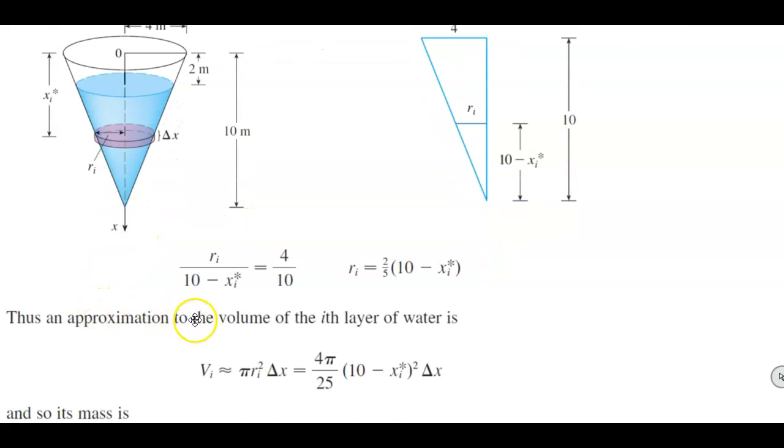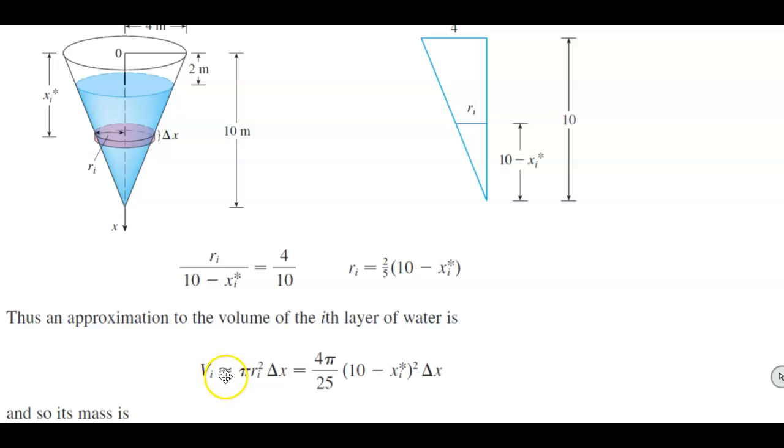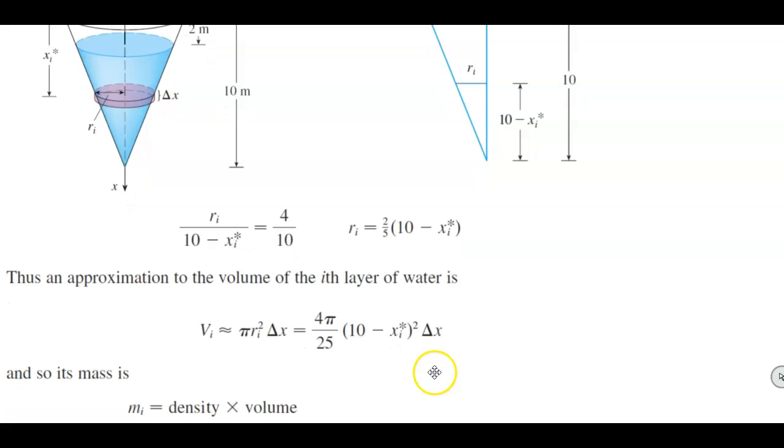Thus, an approximation to the volume of the ith layer of water is the following. The volume of that ith layer is approximately pi r subscript i squared times delta x. So the volume then becomes 4 pi over 25 times 10 minus x subscript i squared delta x.